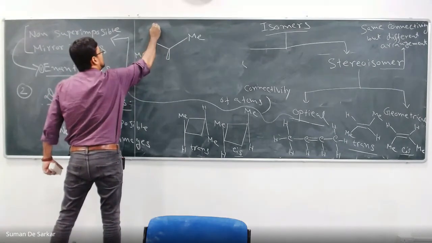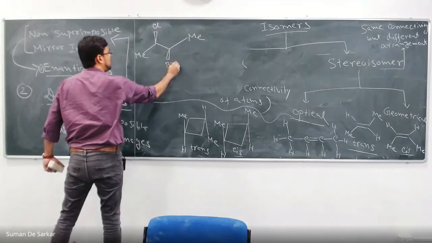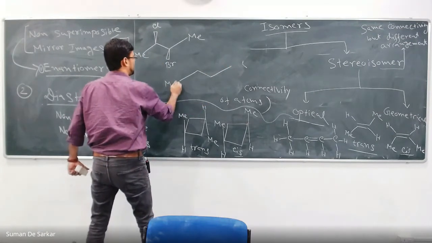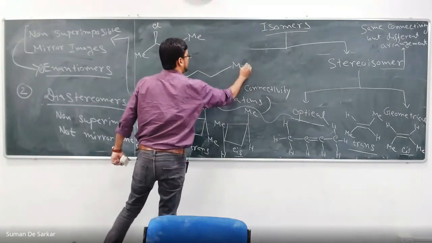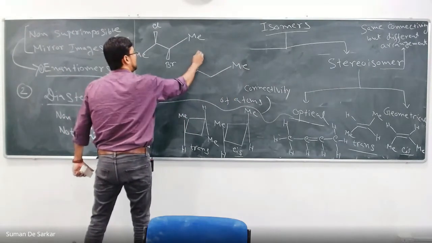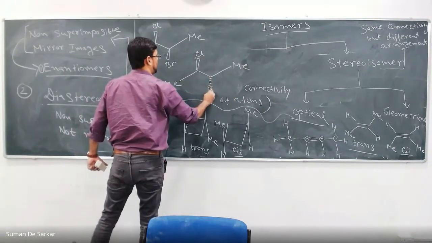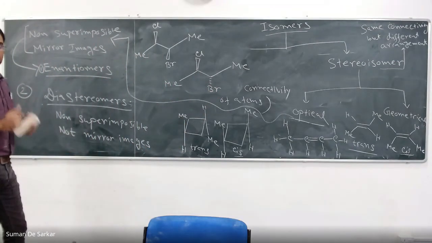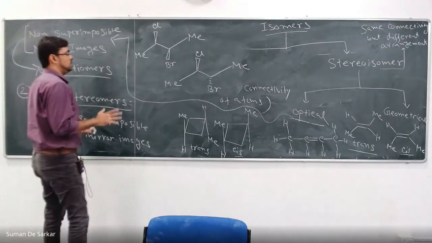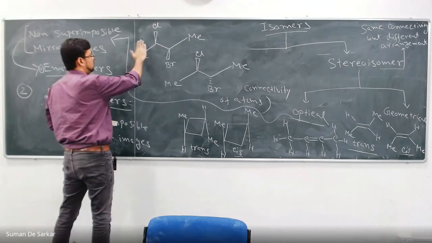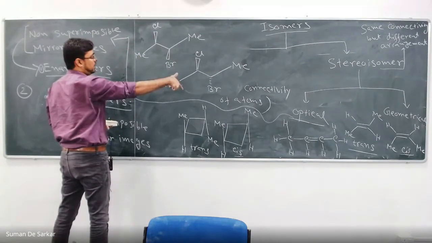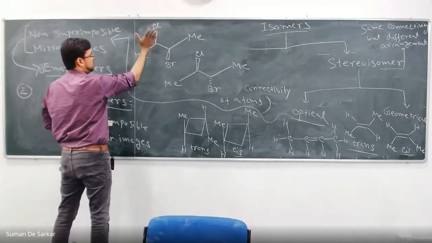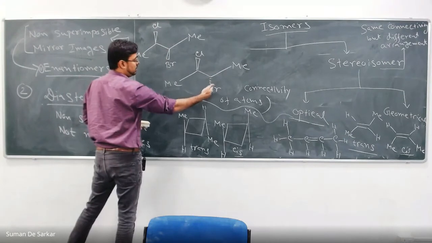Let's make the drawing here, with chlorine, bromine. We'll discuss all this kind of drawing in more detail in future classes. But at this point, just know this much: this is a flying wedge, probably some of you already know. Flying wedge means up above the plane, and this dotted line means below the plane.